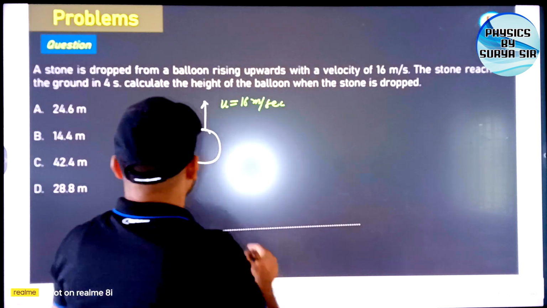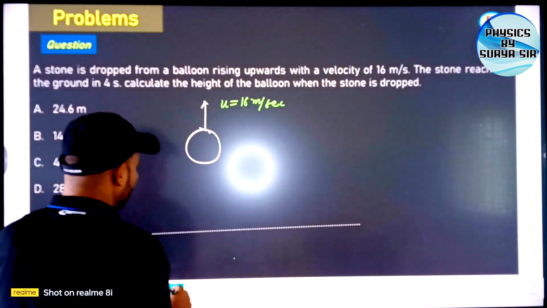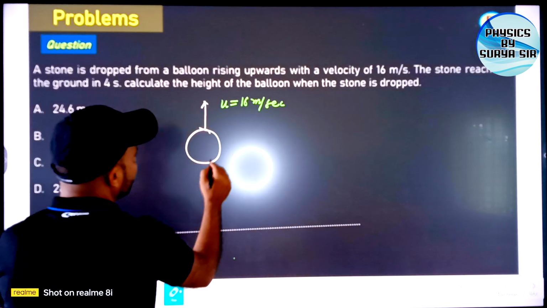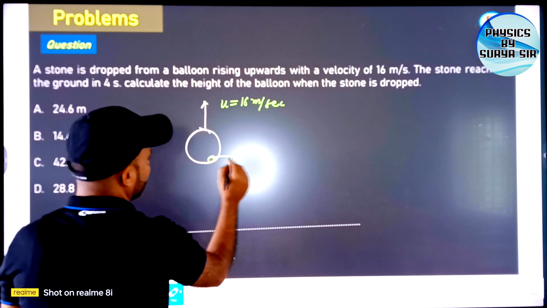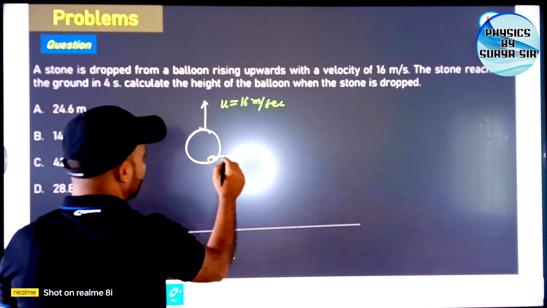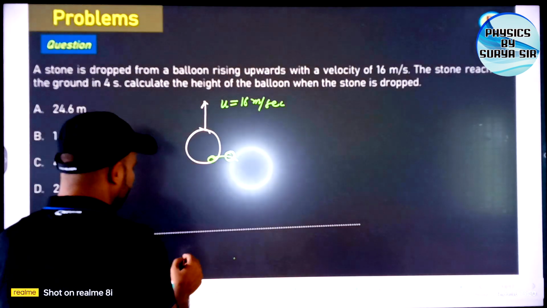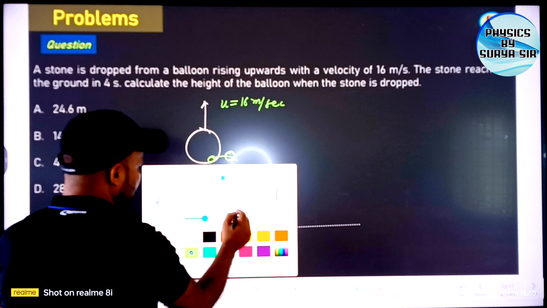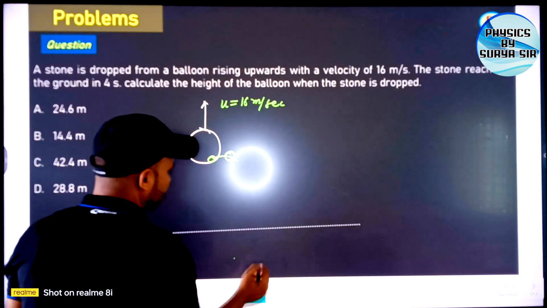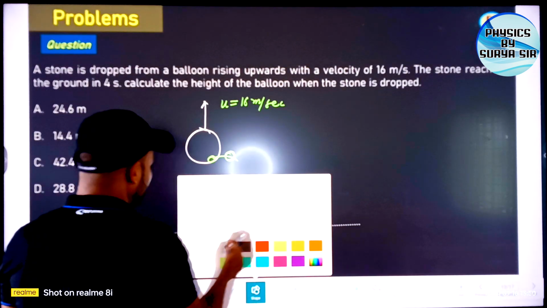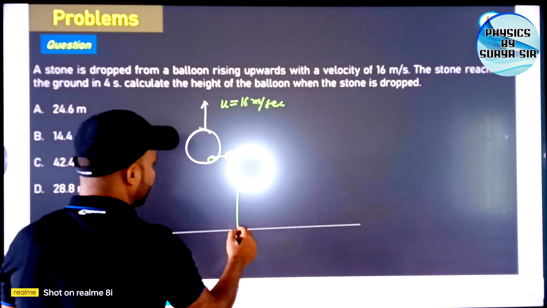A stone is released from here, and it reaches the ground in 4 seconds.